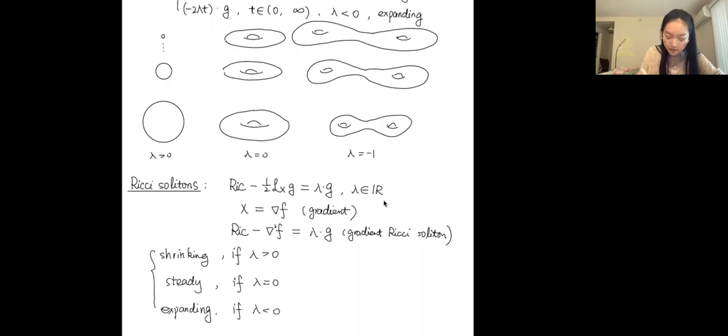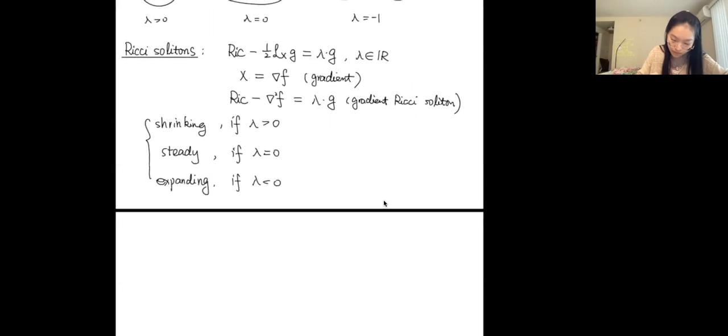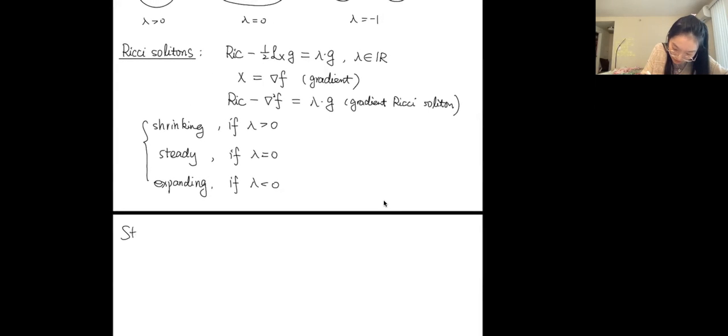Okay, and today we'll focus on the second case, the steady gradient soliton.